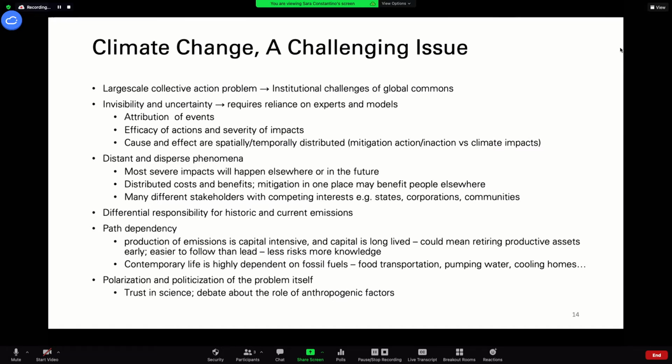And of course, our contemporary life is highly dependent on fossil fuels currently. It doesn't need to be, but many things that we depend on, like food, transportation, pumping water, cooling and heating homes, and power for critical infrastructures, are highly dependent on fossil fuels. And then finally, there's polarization and politicization of the problem itself, which has eroded trust in science and created this debate about the role of anthropogenic factors.